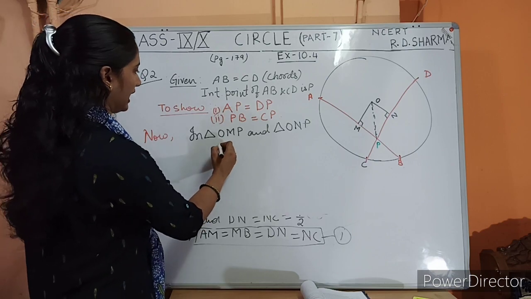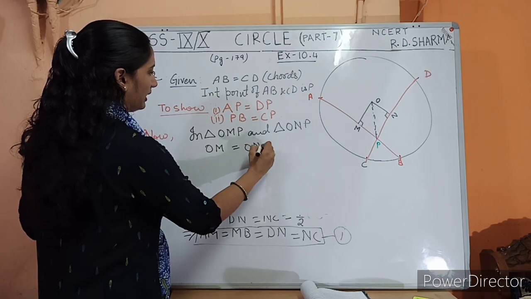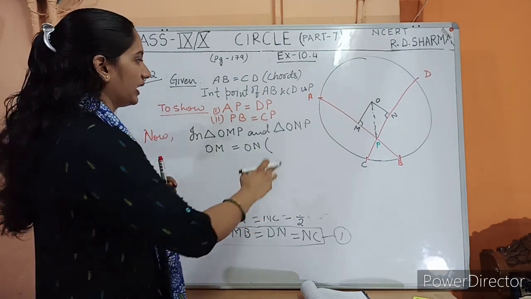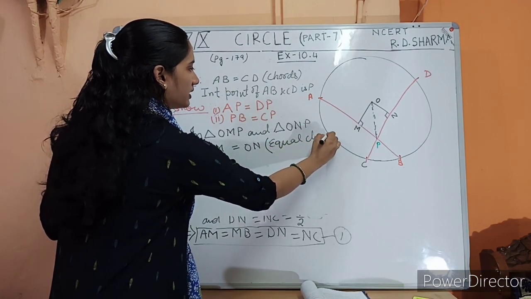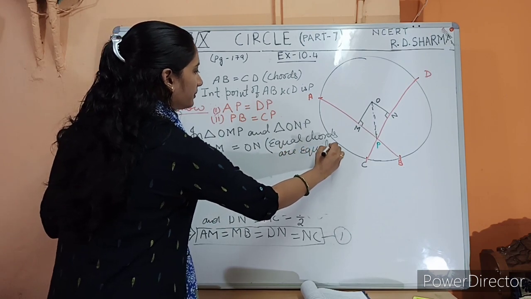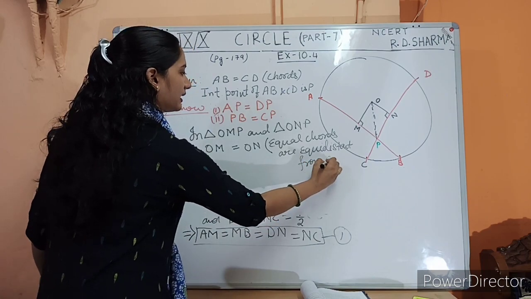Let us see that. As you know, OM is equal to ON, because one theorem is there which says that equal chords are equidistant from center.